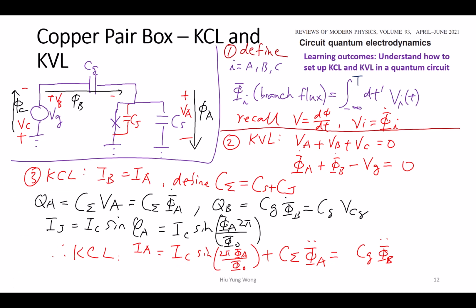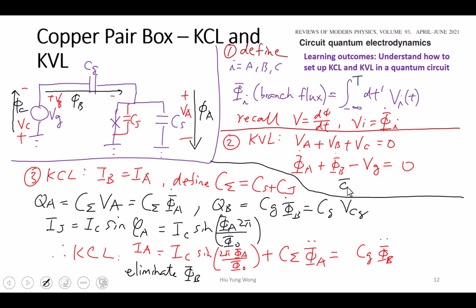So eliminate phi B. How do I eliminate phi B? Here, phi B dot equals Vg minus phi A dot.